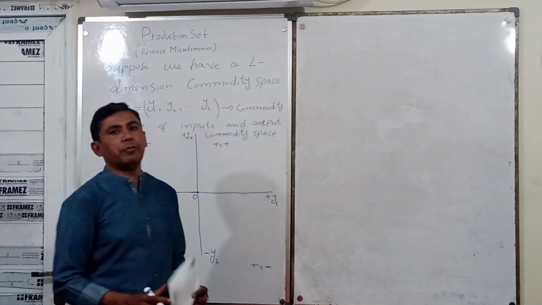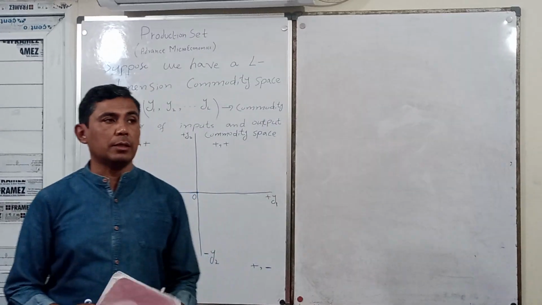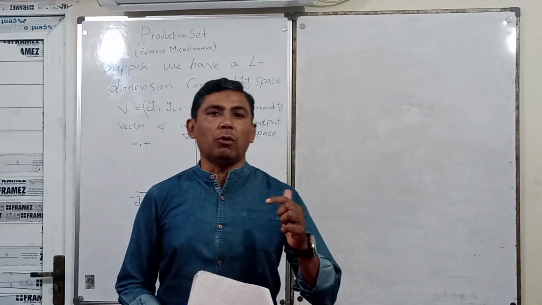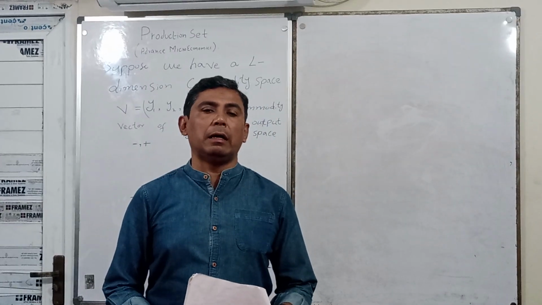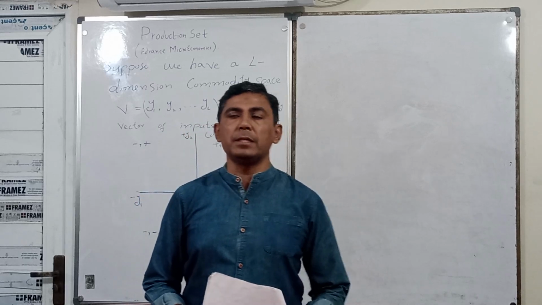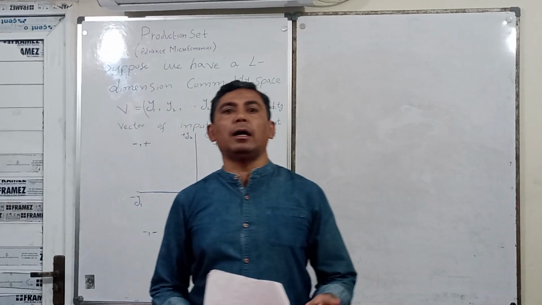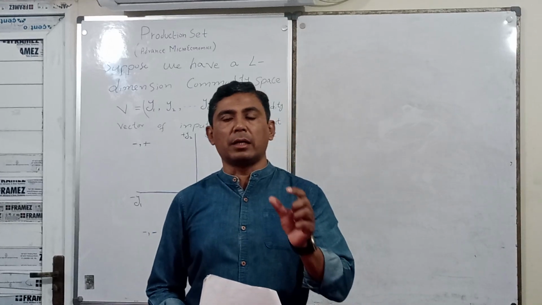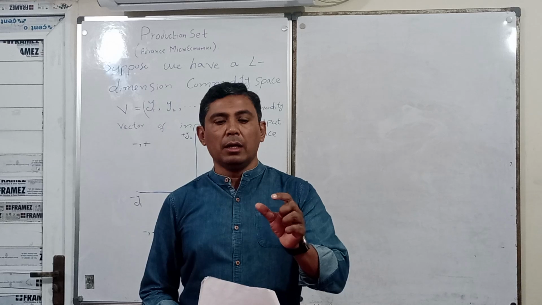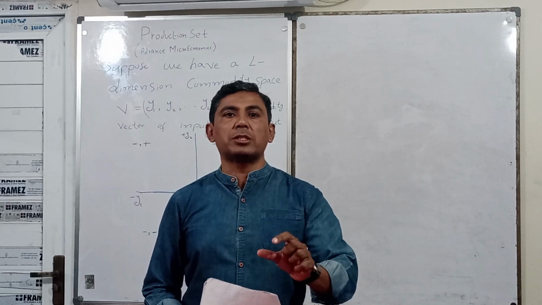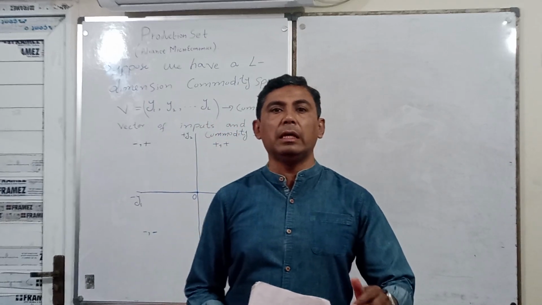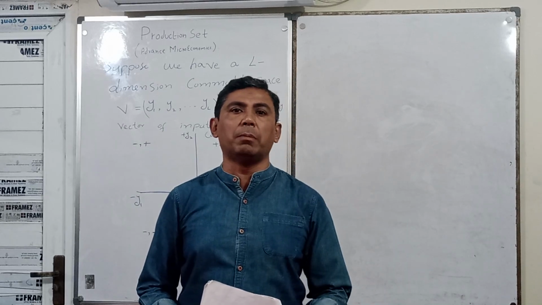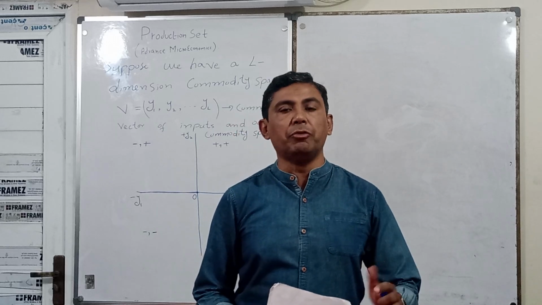By the definition of input and output choice vector, we always discuss a real number space, meaning we define a vector space over the field of real numbers. This is our constraint, or compulsion, because in economics we never discuss negative numbers or the field of complex numbers.